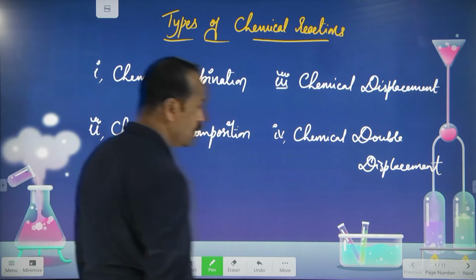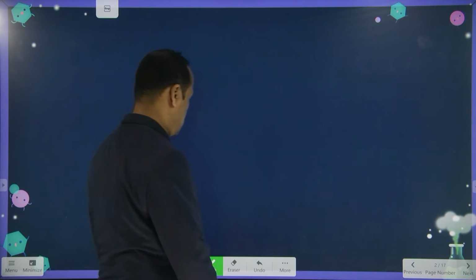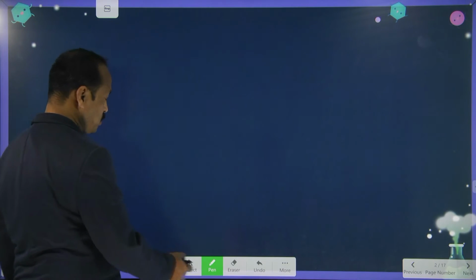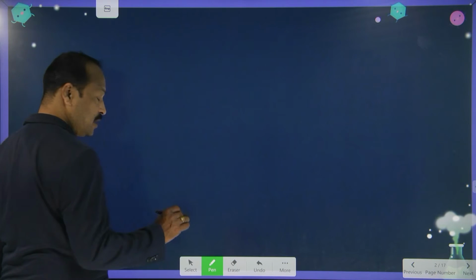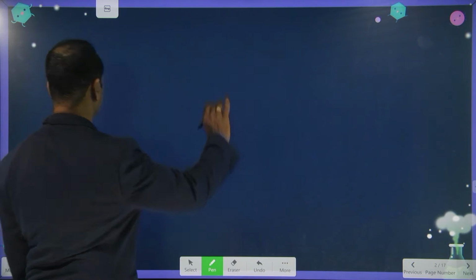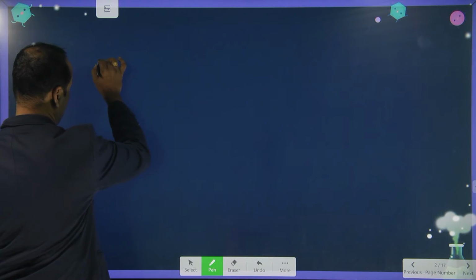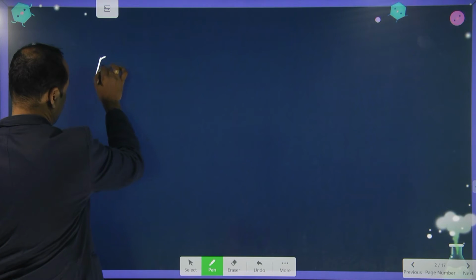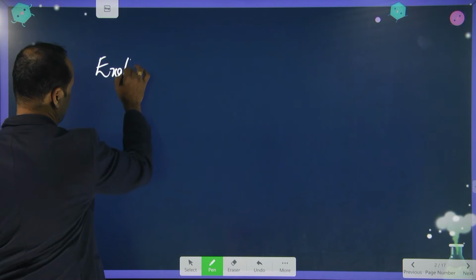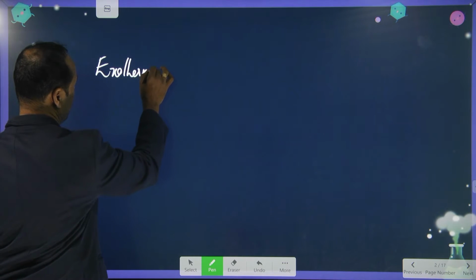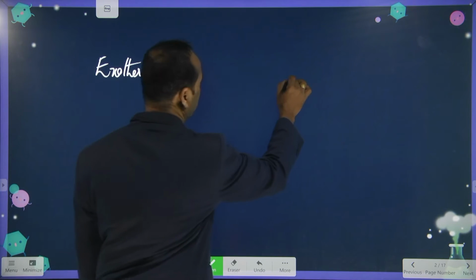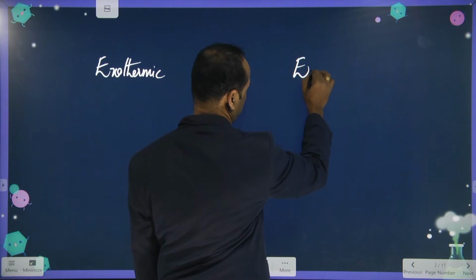Right. Now, before going to chemical combination, decomposition, displacement, we discuss two more types of reactions also. One is called exothermic reaction, and second one is endothermic reaction.